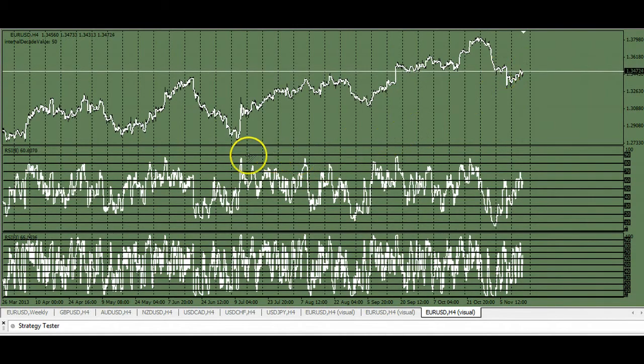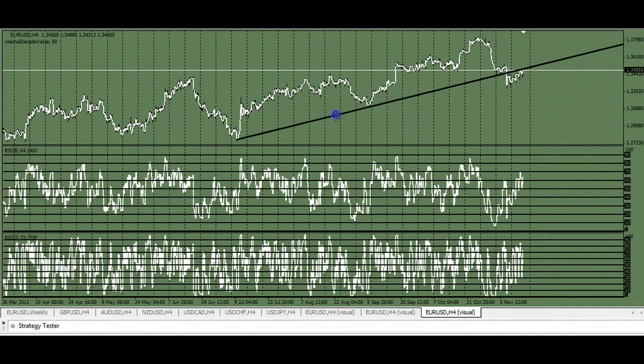If you go back here to this situation, where's RSI here in relationship to here? And it's clearly more oversold than that.